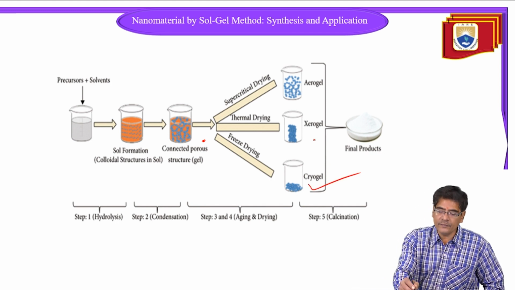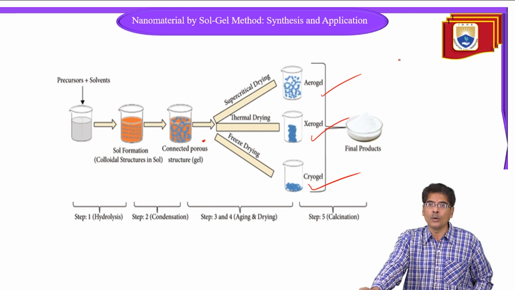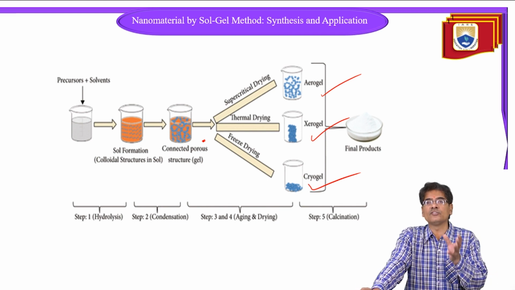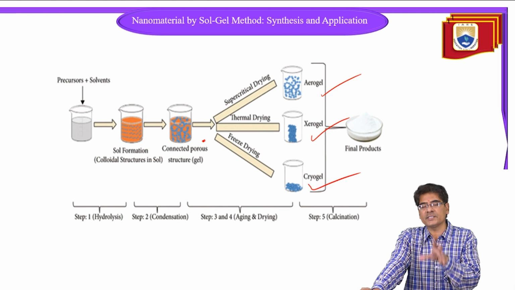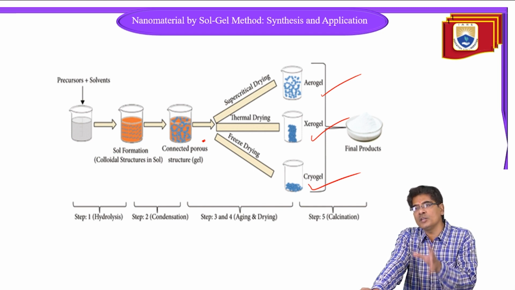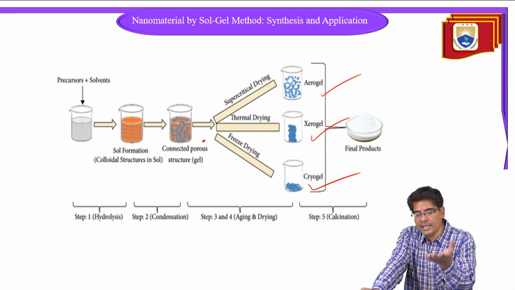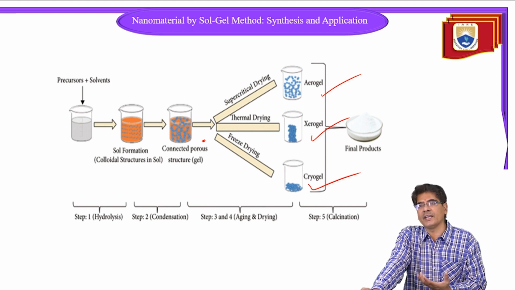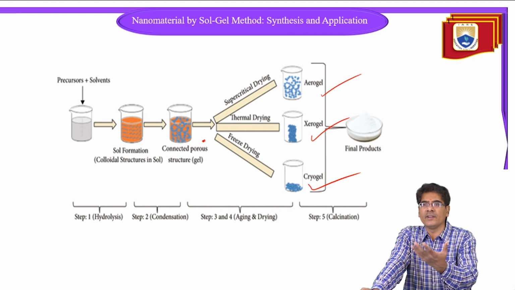So these are the different products we get when the precursor and solvent go from the first step of hydrolysis to condensation. After condensation, at the third stage, we get aging and drying, which is done by three processes: supercritical drying, thermal drying, and freeze drying. In supercritical drying, we get aerogels.